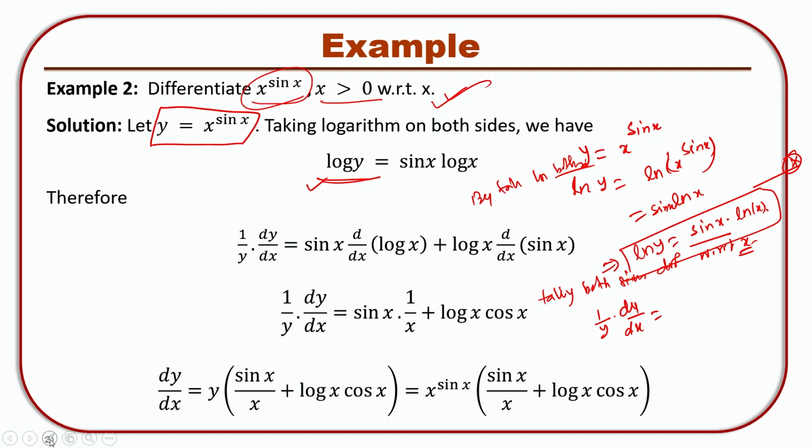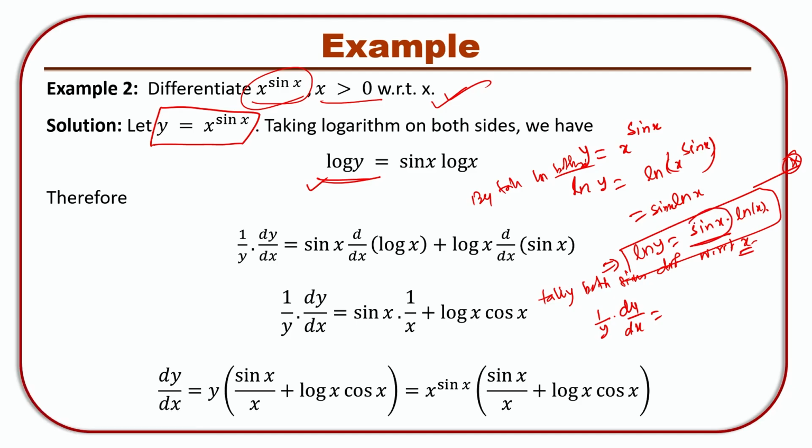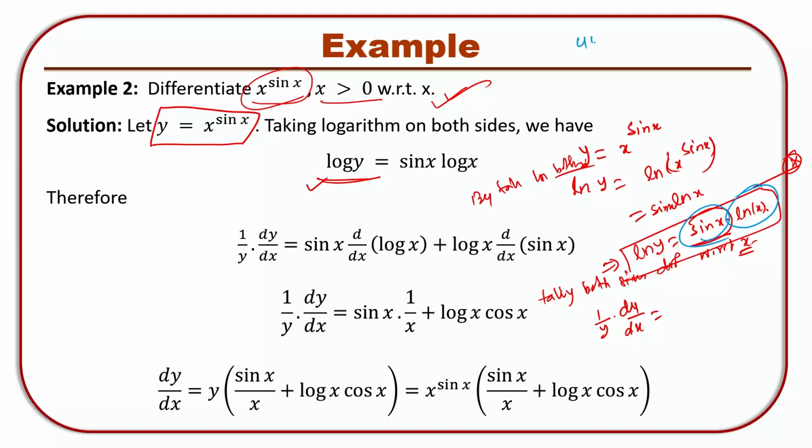Okay, so I'm going to change my color here first. Here, this is sin x and ln x. There are the two terms. So we are going to use the derivative of the product of two functions, and I believe you have remembered this: (uv)' can be written as u into v' plus v into u', right? We had already seen this one.